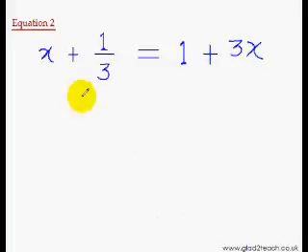Now as you can see, this linear equation has a fraction in it, that is this denominator 3. So the easiest way to solve this equation would be to somehow remove this denominator. That's it. And we can easily do it by multiplying both sides of the equation by 3. See, 3 gets multiplied to each and every term of this equation.